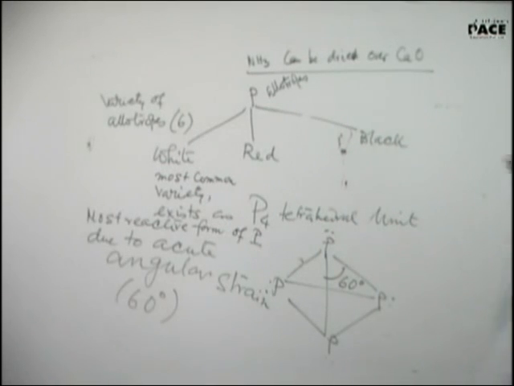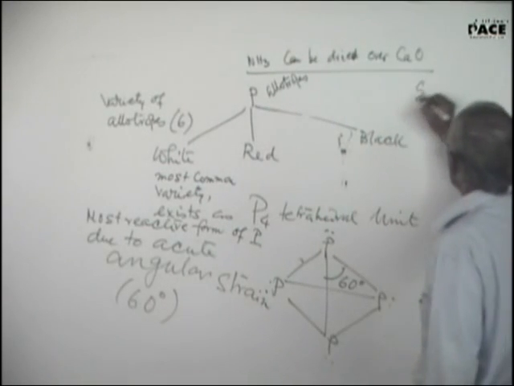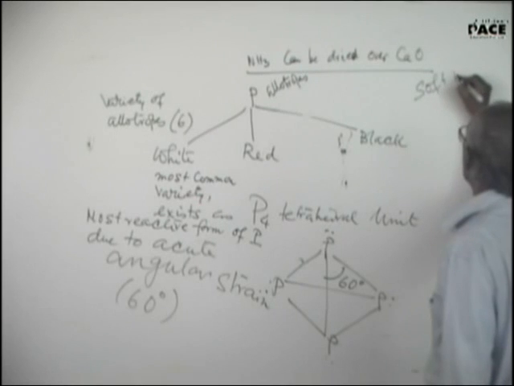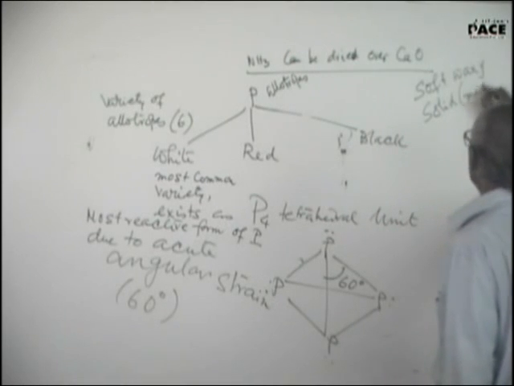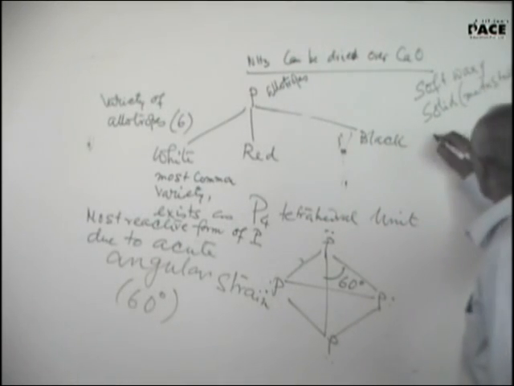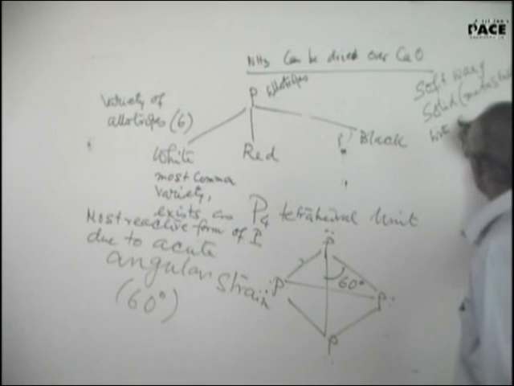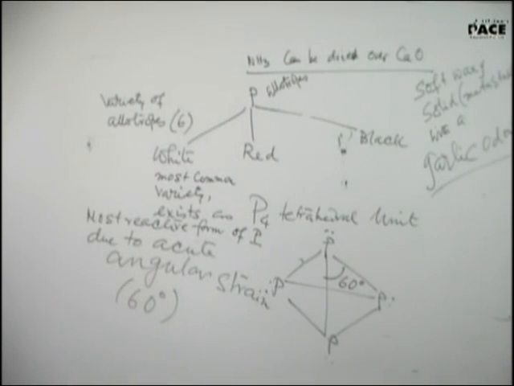White phosphorus is a soft, waxy, metastable solid with a garlic odor. You have seen ozone has a fishy smell, and hydride of phosphorus has a rotten fish smell.